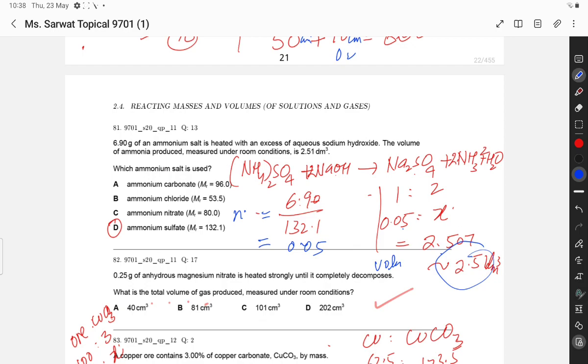So 2.51 dm cube of ammonia gas is produced by using ammonium sulfate. You can check the rest of the options by using the same method, and so D option is the correct option.